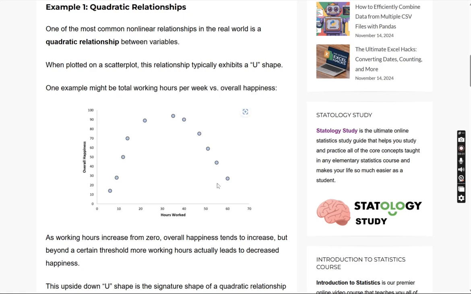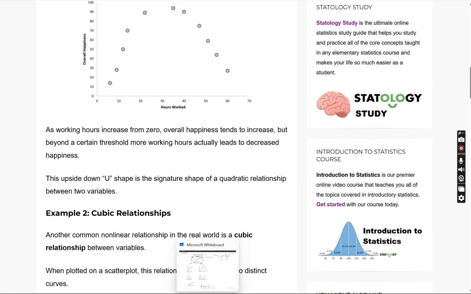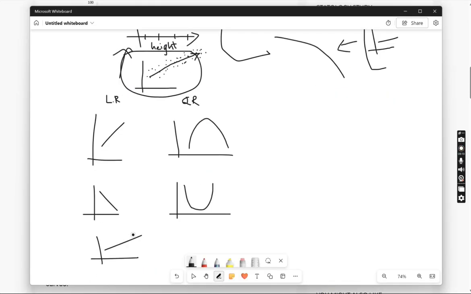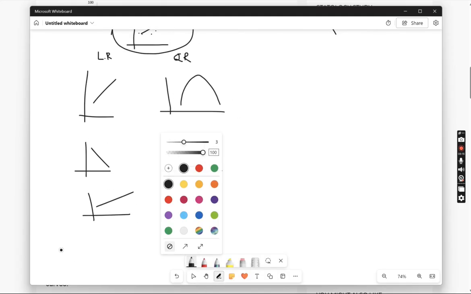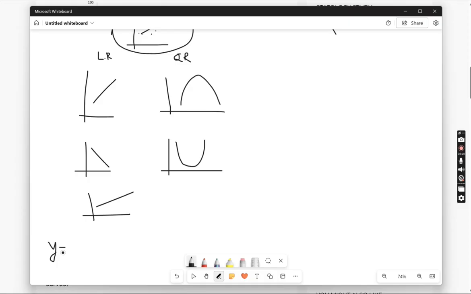So you can see the U-shape. For a linear relationship, mathematically it exhibits a straight line, right? So here the straight line equation will apply: y is equal to mx plus c, or b, whatever you apply. So this will be the equation.